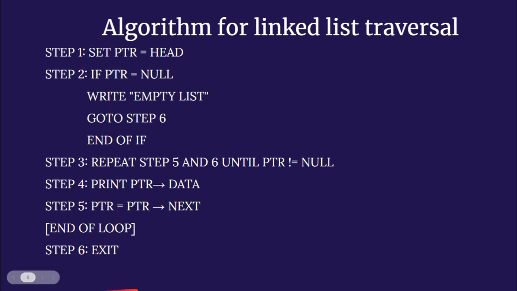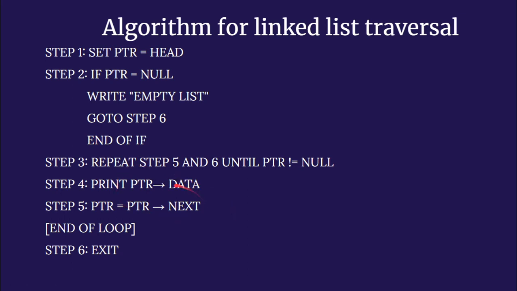So totally, if the pointer is null it means it's an empty list, directly go to step 6. Otherwise repeat these steps, do the operation, then go to the exit step. So this is the traversal algorithm that helps to traverse the linked list.